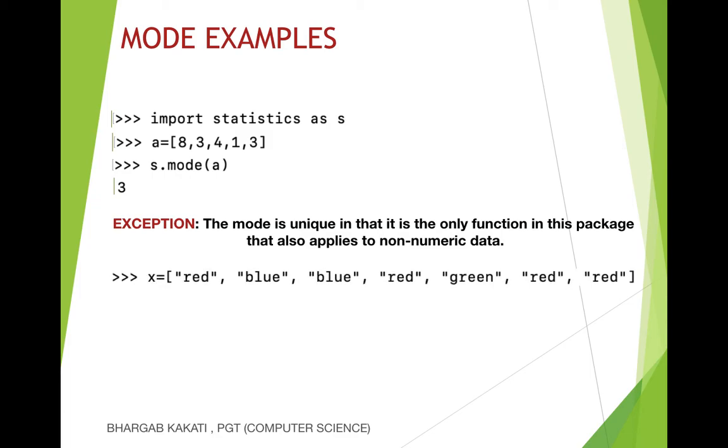If I write x equals red, blue, blue, red, green, red, red, here you can see red has been repeated 4 times, blue 2 times, and green 1 time. Are we getting a unique result? Yes, the maximum number of repetitions is by the word red. So if I write s.mode(x), I'll get the result as red.